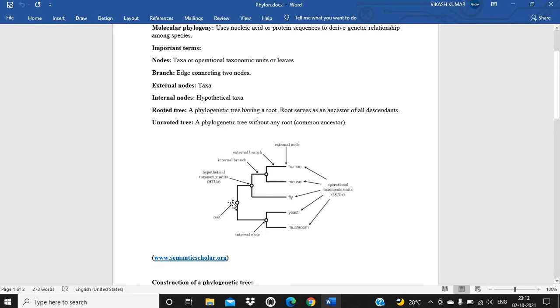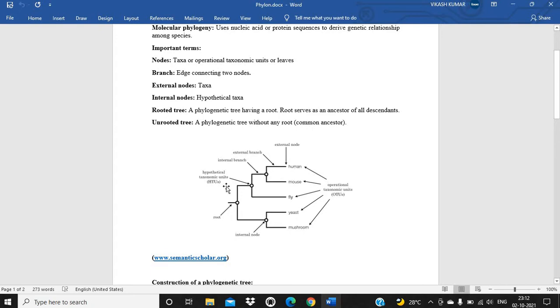This one is the root. This is called the ancestor of all hypothetical taxonomic units as well as operational taxonomic units. And this is the branch or edge which connects a hypothetical taxonomic unit to an operational taxonomic unit, or internal node to external node.